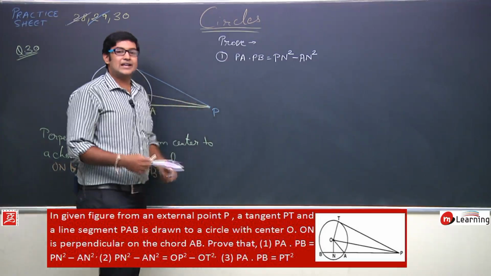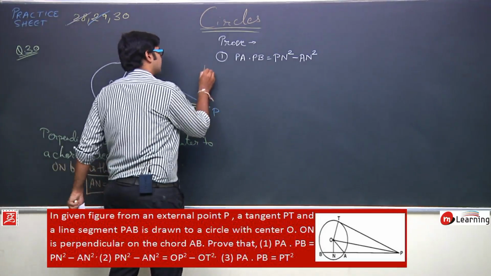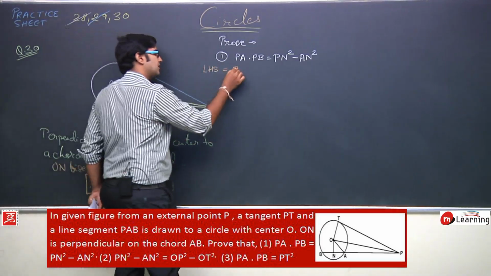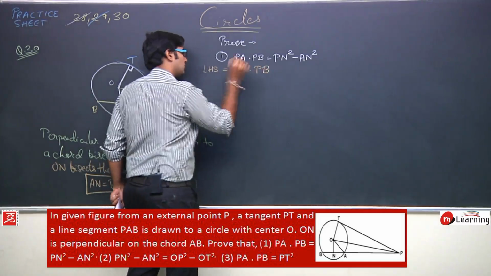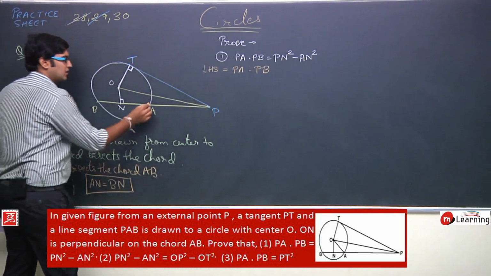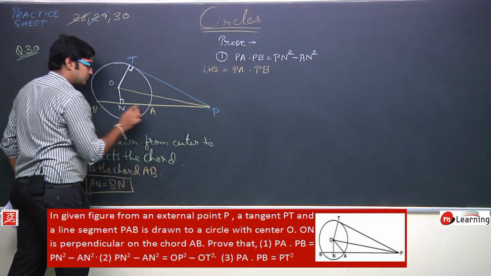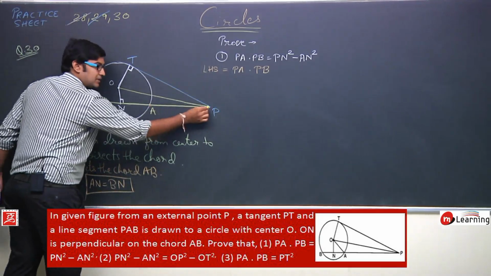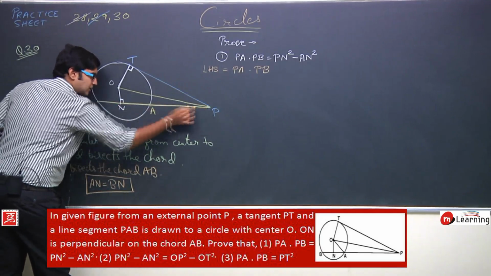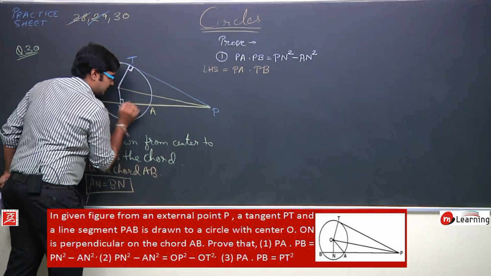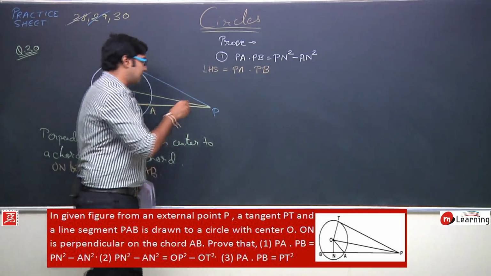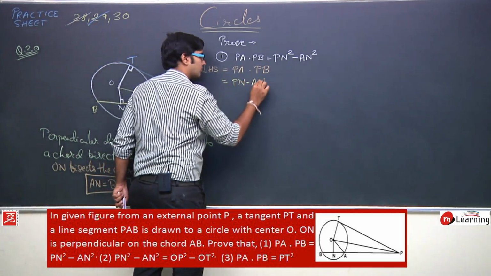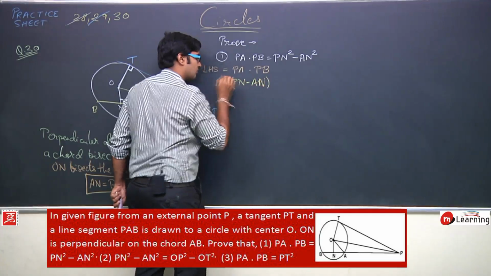So let us analyze the LHS of this question. LHS is PA into PB. Can I write PA in terms of PN and AN? Yes, it's very easy. This particular line PA is equal to PN minus AN. In place of PA I can write PN minus AN.